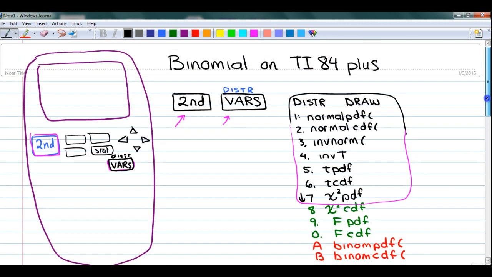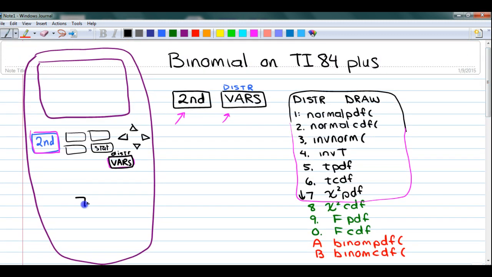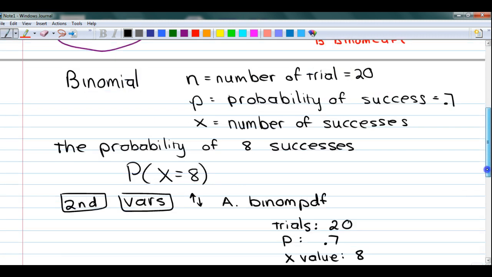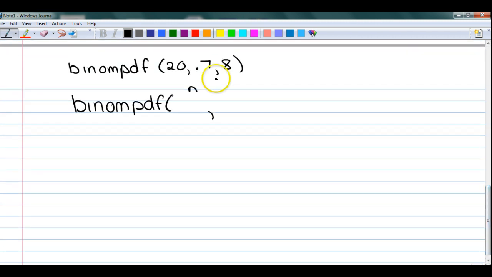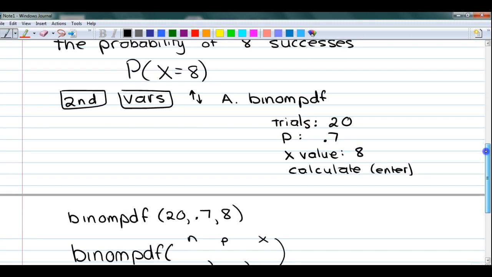I probably should have drawn that out here. Then it wants your probability of success, P, and another comma, and then it wants the X value you're interested in. And close your parenthesis. The parenthesis close is right above the 9.